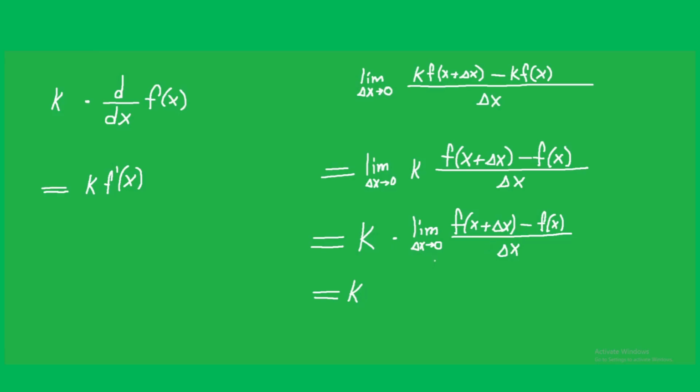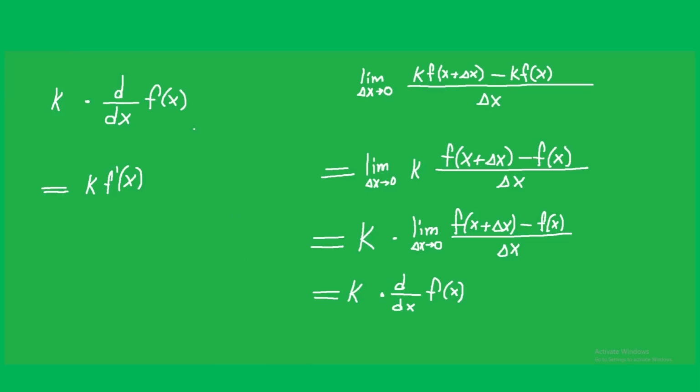And that is just the derivative of f of x. So I'm going to write down here d over dx of f of x. There you go. So that's what we had over here.